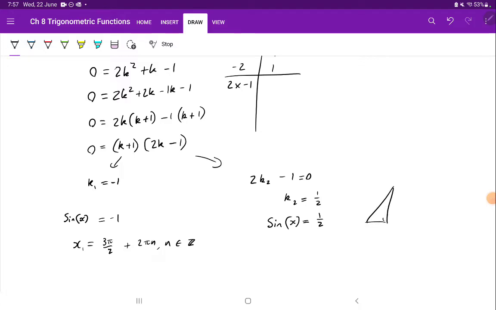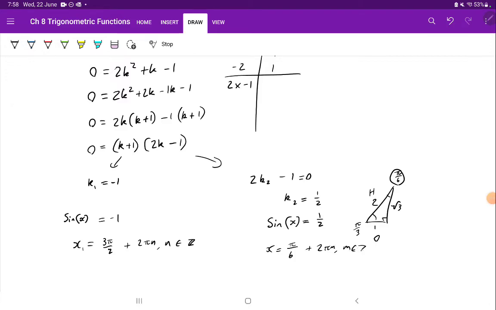It's going to be the 1, 2, root 3 triangle, hence it's got 1 and 2 in it. And we've got the two angles here, pi on 6 and pi on 3. We want this to be the opposite, this to be the hypotenuse, so this has to be the angle, so we get x is equal to pi on 6 plus 2 pi n for some n in integers. Or let's make it 2 pi m for m in integers.